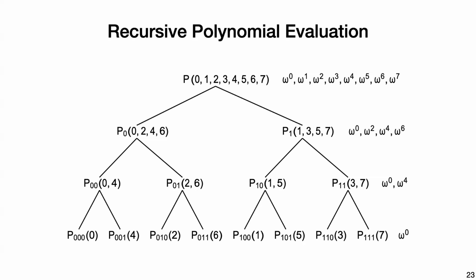And then similarly, this also breaks down into two subproblems, P10 and P11. So we're just appending the bit string to the end, depending on if you're going even or odd, at each level of recursion, and so on.